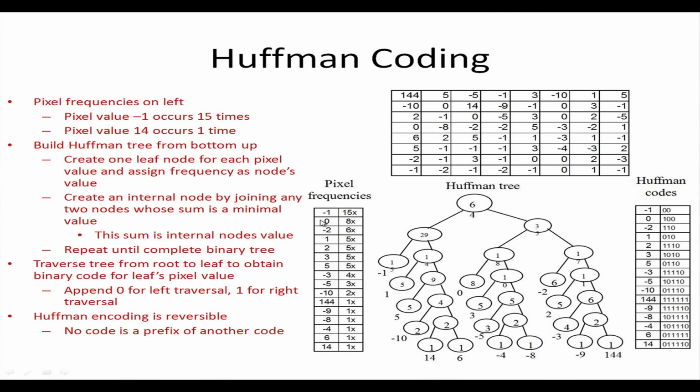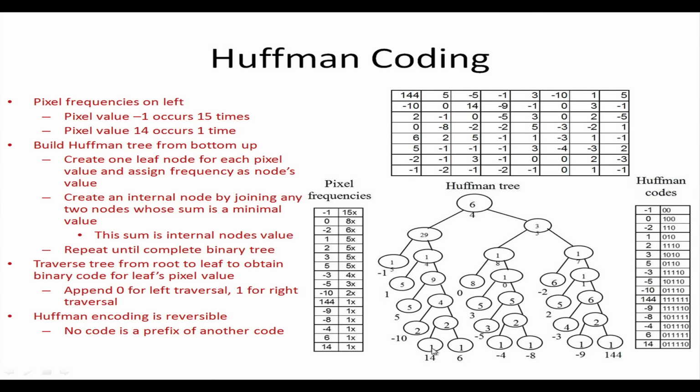All these 16 pixel values are made the leaf nodes of this tree, 1, -1, 5, -10, 14, 6, all of them. And we assign the frequency to these leaf nodes.